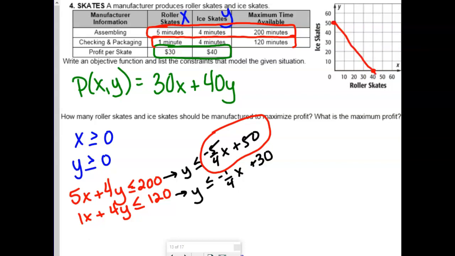Hey, that was almost a good line. Now the other line, which I'm going to call the blue line so I don't get confused in a minute, negative 1/4 x plus 30. This is where, I don't care how good of a grapher you are, you probably don't know where they intersect. But here's my feasible region.